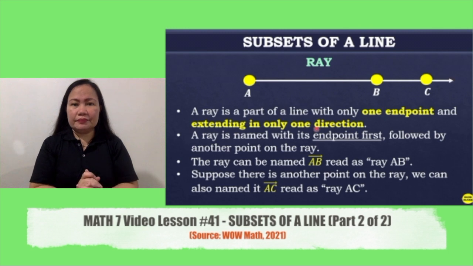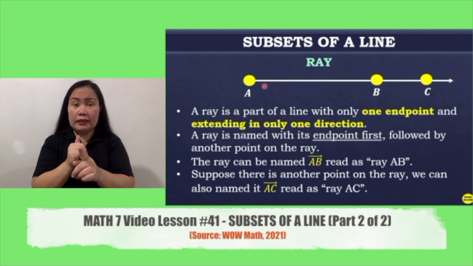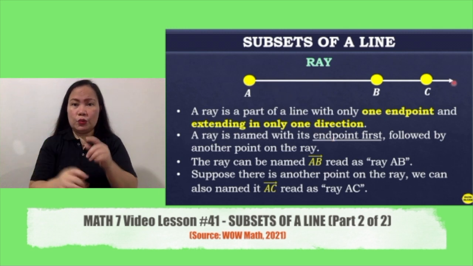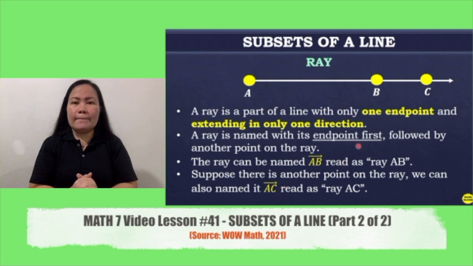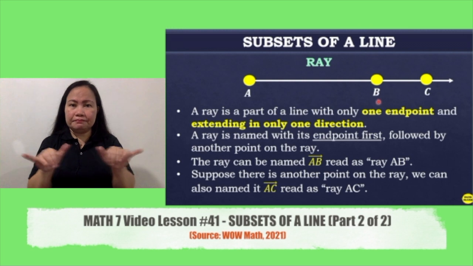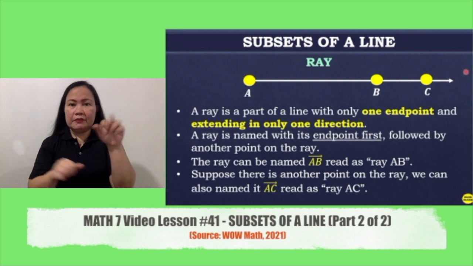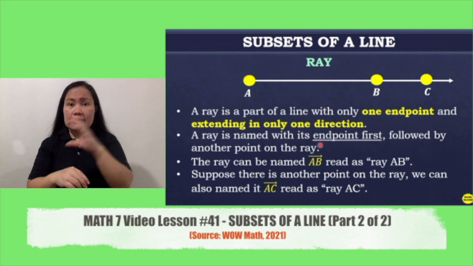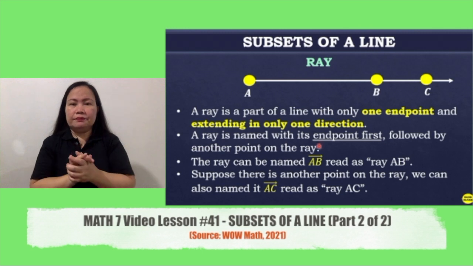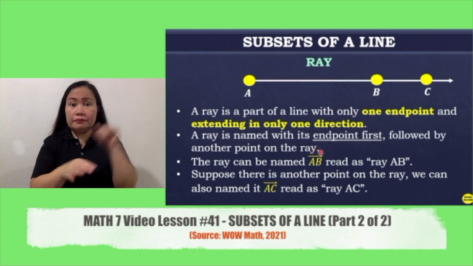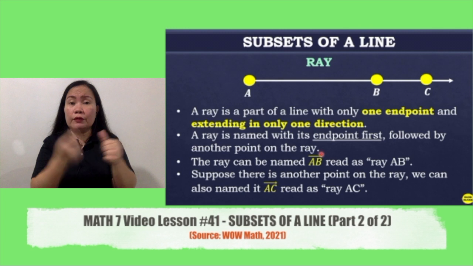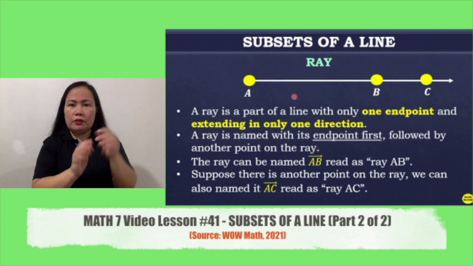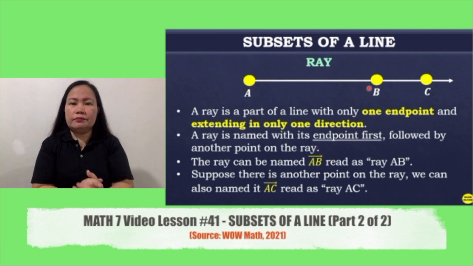Okay? So, lagi pong endpoint first. So, ray AC. Pwede rin po. So, isa lang po yun. Pag sinabi mong ray AB at ray AC, pareho lang po siya. Kasi pareho po siyang paganon. Okay? So, ulitin ko, endpoint first bago po yung infinite direction. Okay? So, this figure can be named as ray AB or ray AC.